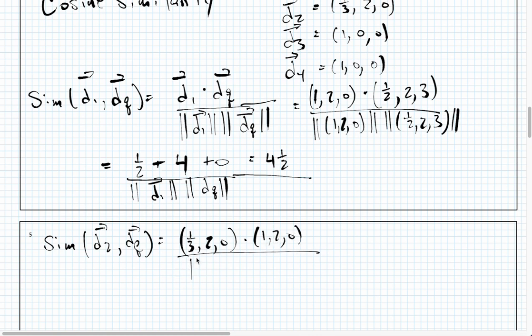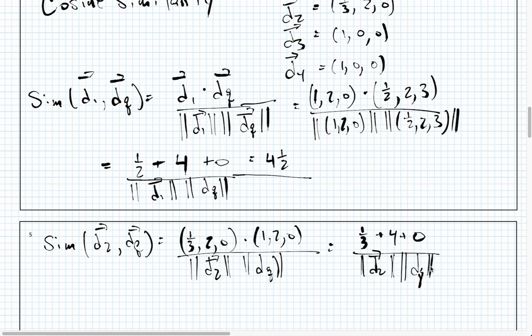And that's over the magnitude of D2. We're going to have to figure those out separately. Over the magnitude of DQ. And that's equal to 1/3 plus 4 plus 0 over those magnitudes, D2, DQ. We'll figure those all out later. And again, in the numerator here, I've just got 4 1/3.